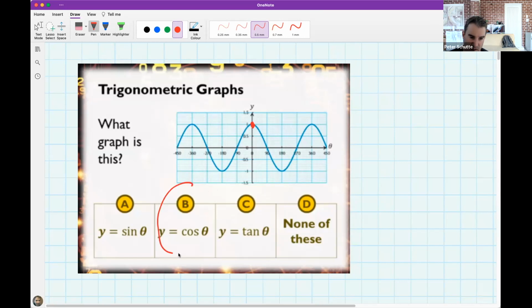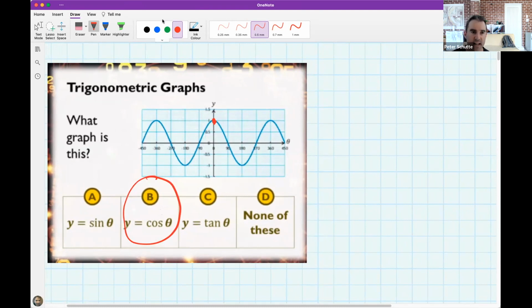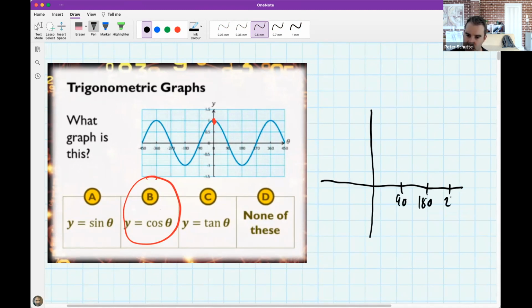The correct answer is B. Just as we start today, imagine a trig graph marked out in increments: 90, 180, 270, 360. We'll make that 1 and that -1.